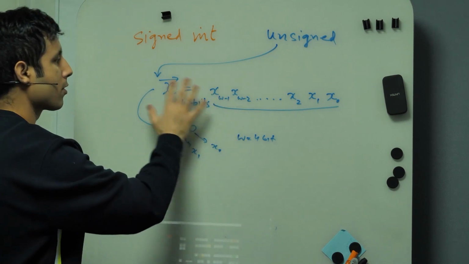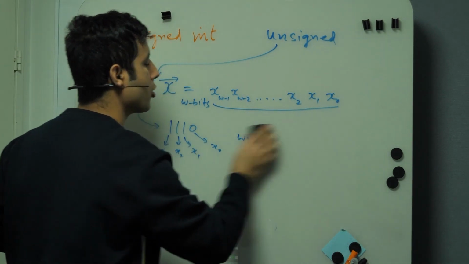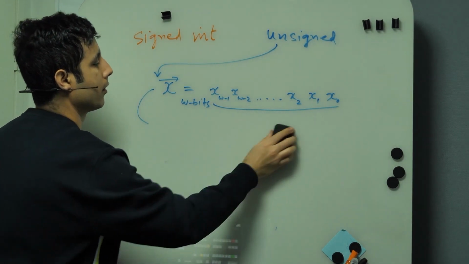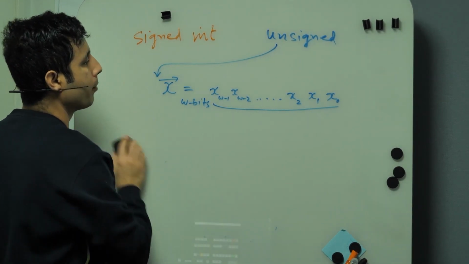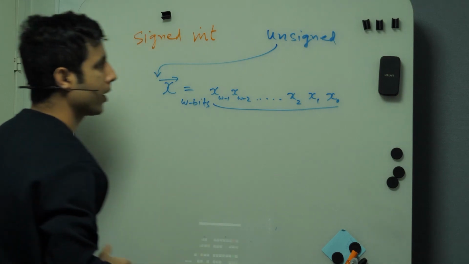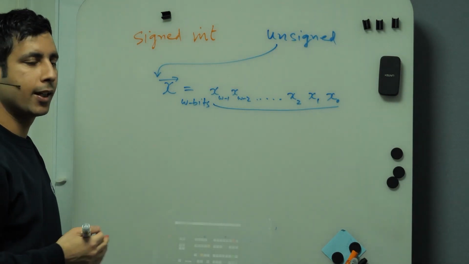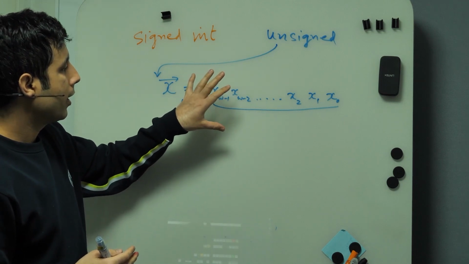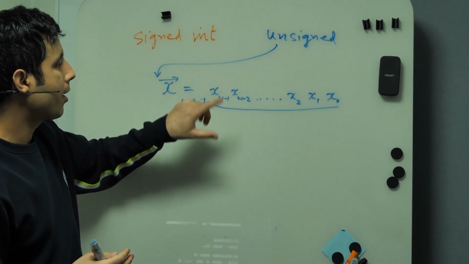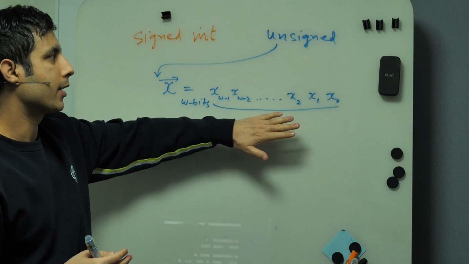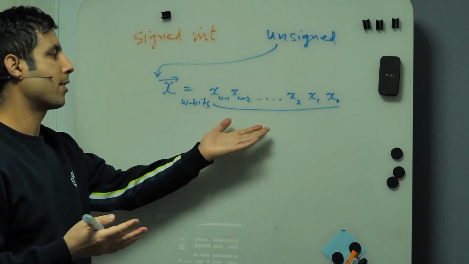Now we will use this generic pattern, or vector of bits, to write down the mathematical formula for unsigned encoding. The decimal number equivalent to this bit pattern is the number represented by this pattern.